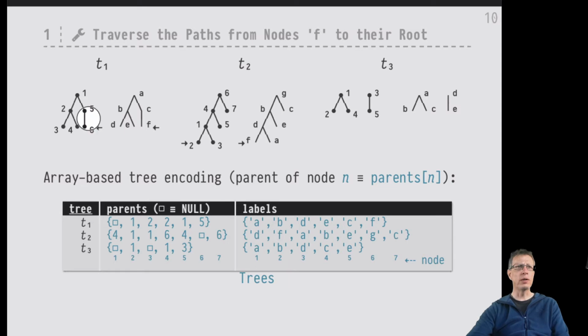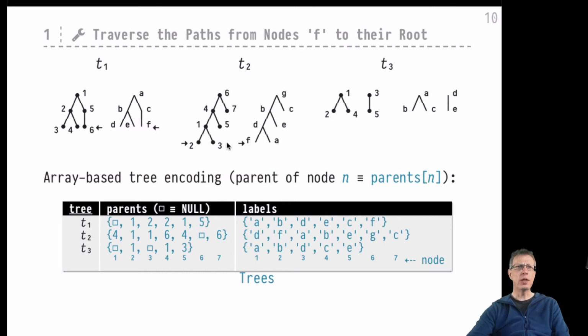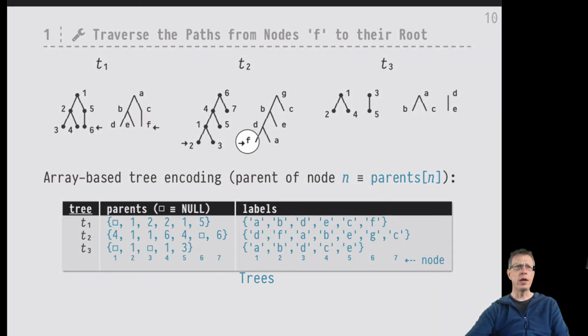So 6, 5, 1, that would be the path to the root from node F. If we look at node F over here, it's associated with node 2. So the nodes on the path to the root from this node are 1, 4, 6. So this is a 4-node path.